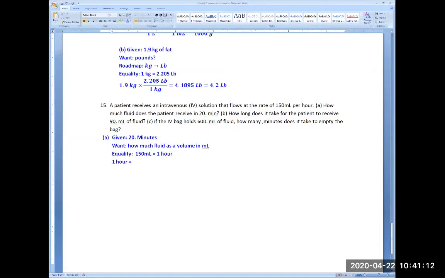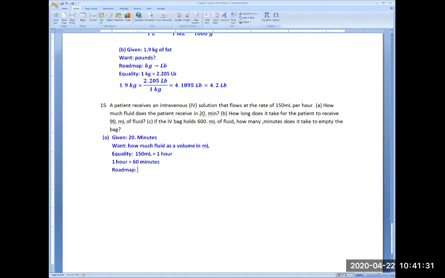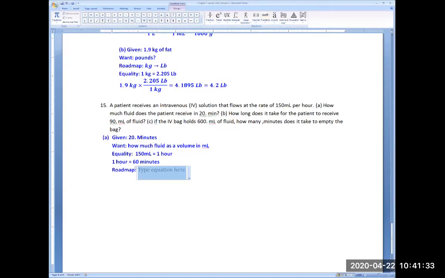So we know that in an hour we have 60 minutes, and that will allow us to change hours to minutes. So we will need 2 conversion factors. To see this more clearly, let's write the roadmap. I really like to use roadmaps. I think that they're really helpful.